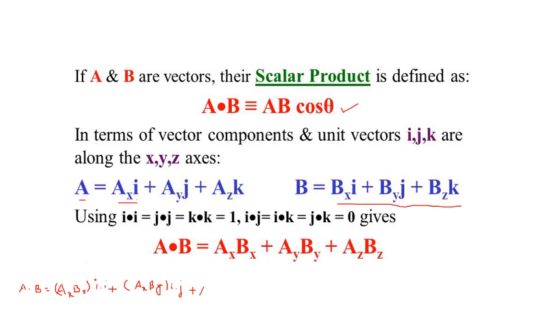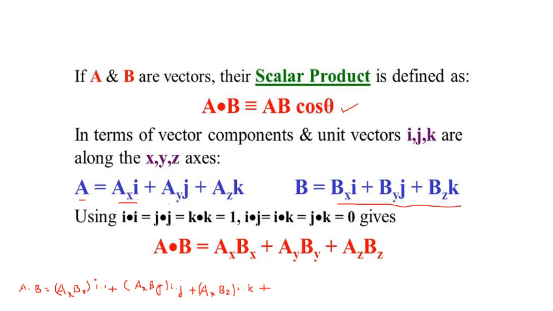BZ. So multiply AX into BZ, and the unit vector is I dot K. So the first term is over, and what is the next component?